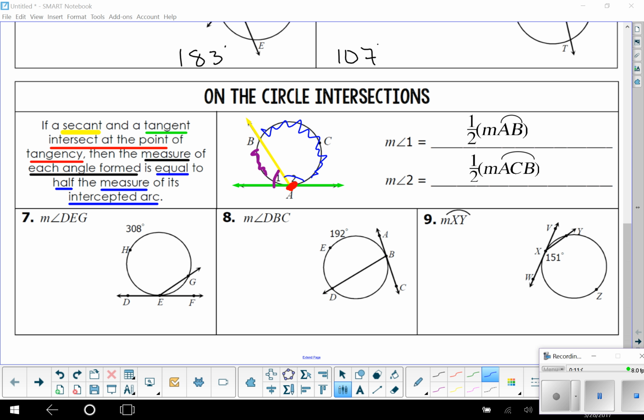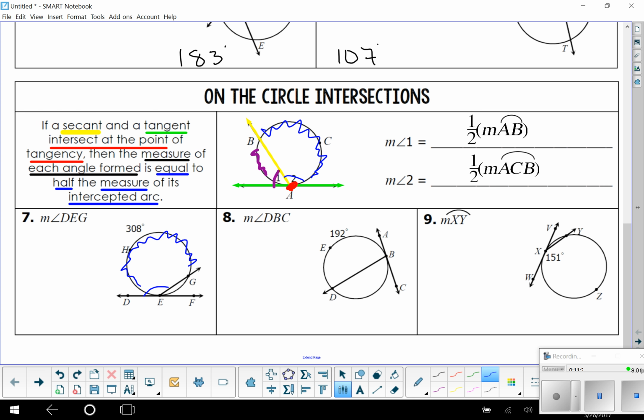So if we're looking at number 7, we're trying to find the measure of DEG. So we're trying to find this angle, this entire angle right there. So we're trying to use this entire arc.